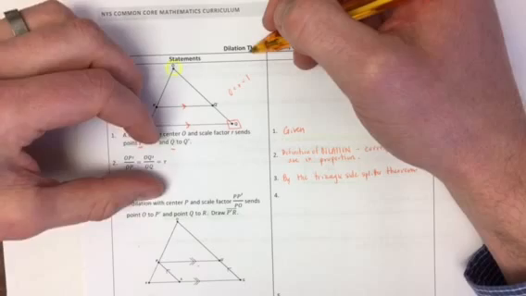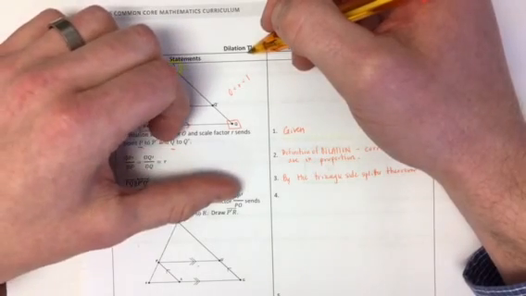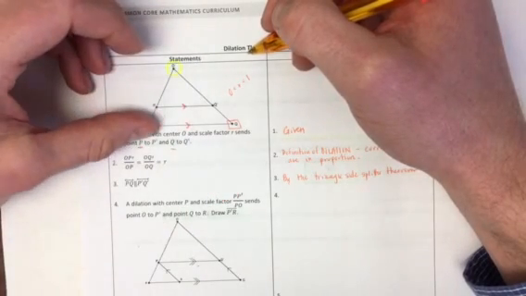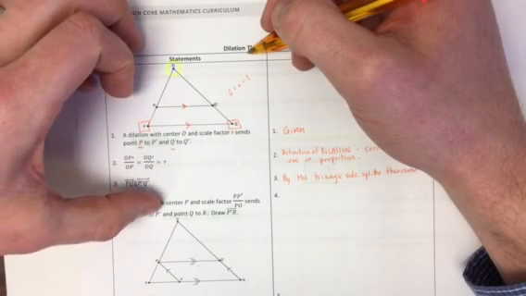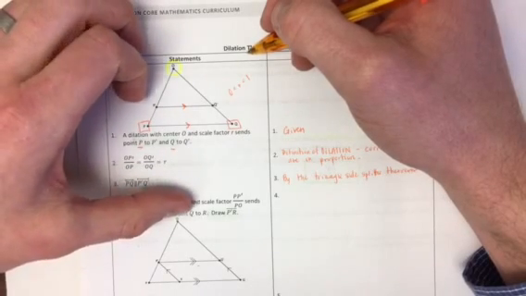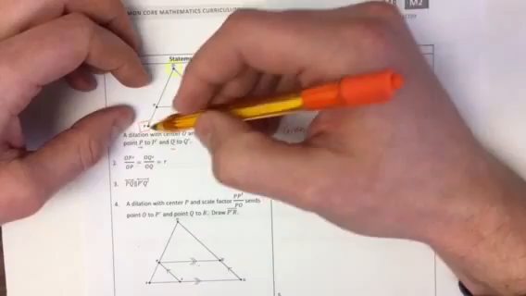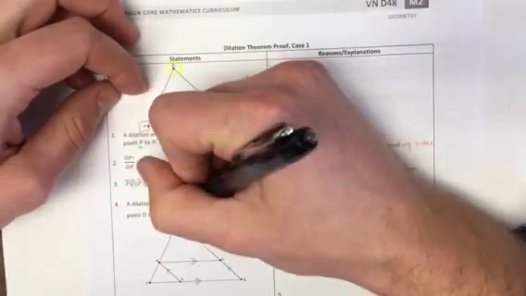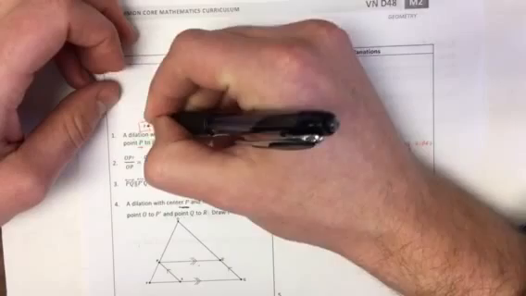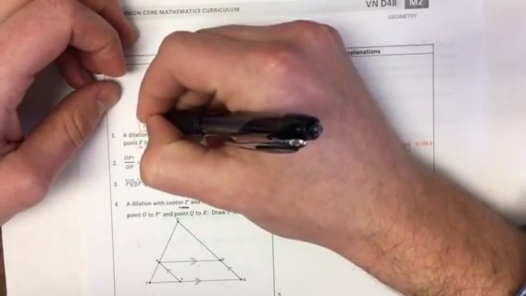Now a dilation with center P and a scale factor of P to P prime sends point O to P prime and Q to R. What they did, which is kind of interesting, is recenter the point.